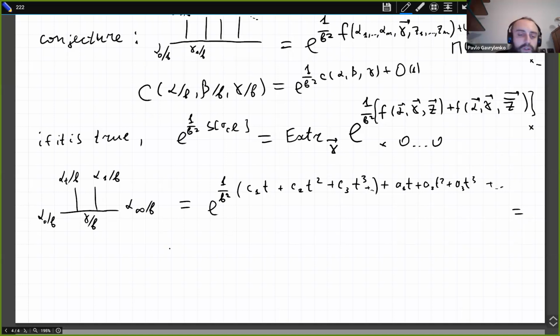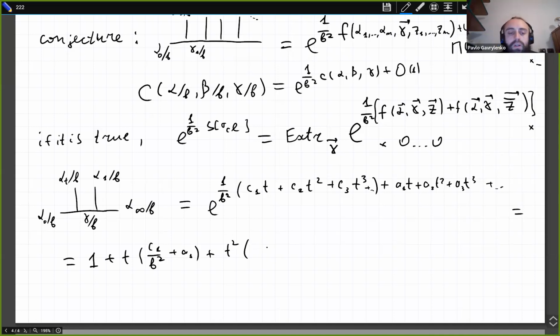So if we try to expand it as a series in t, then it tells us that it is 1 plus t times c1 over b squared plus a1, plus t squared.